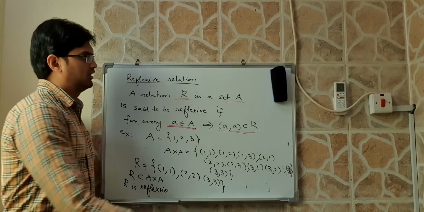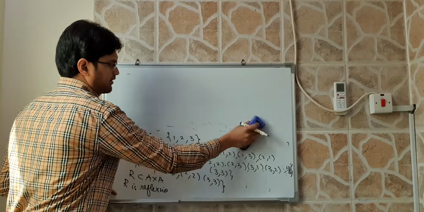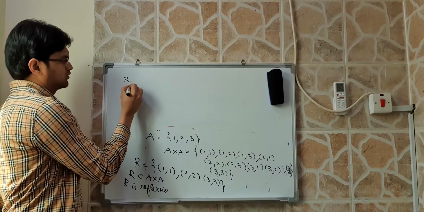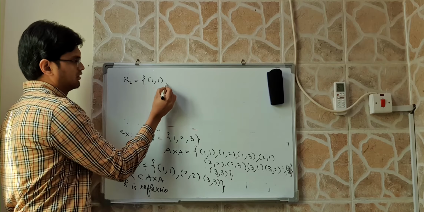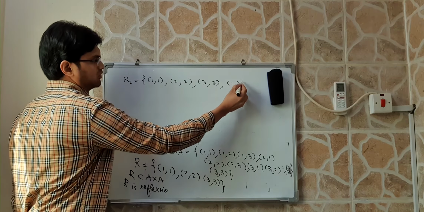Not only that, let us take another example, R2: (1,1), (2,2), (3,3) and (1,2).